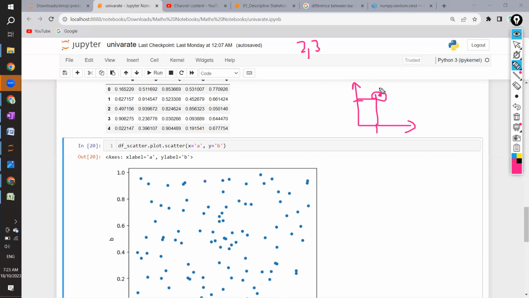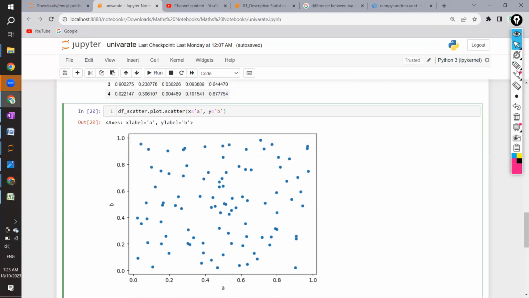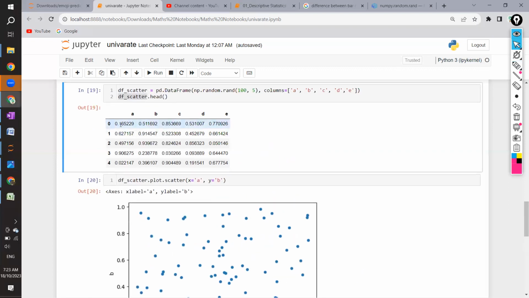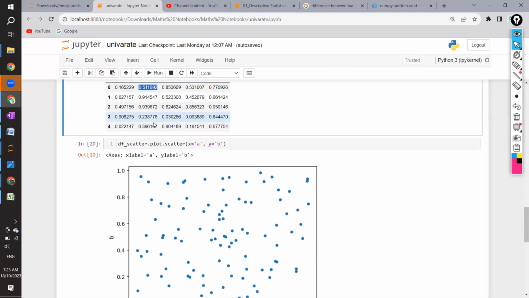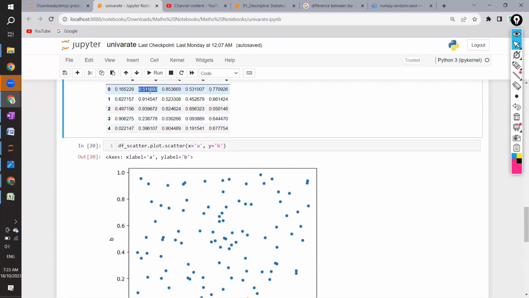So here also, I'm mentioning two columns, x equal to A, y equal to B. That means my x-axis is column A, the y-axis is column B. So the first value from A and the first value from B will be taken and plotted, 0.16 and 0.5.